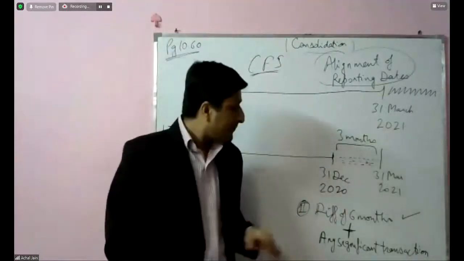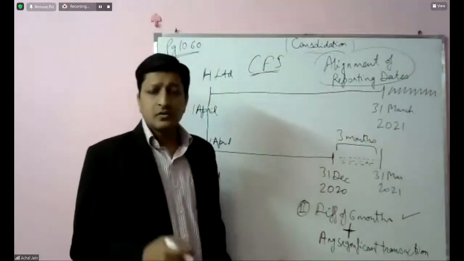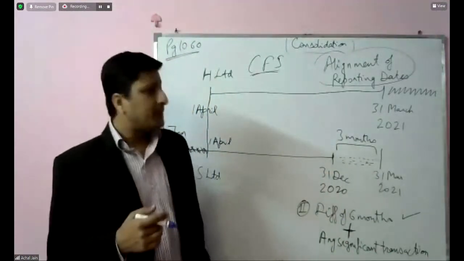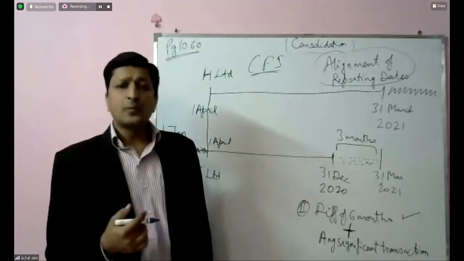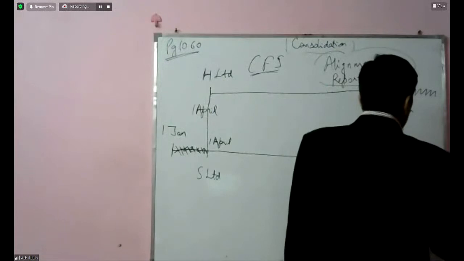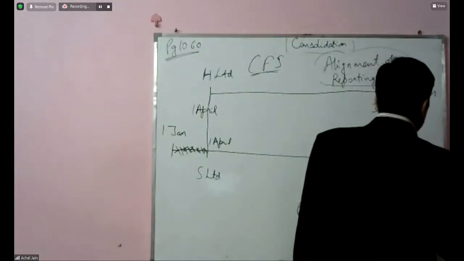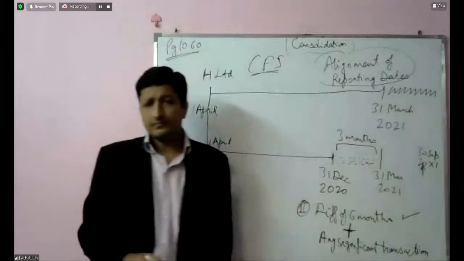So for these 3 months, let's suppose financial statements are required to be finalized by, say, 30th September 2006. Okay, let's suppose this is the date.